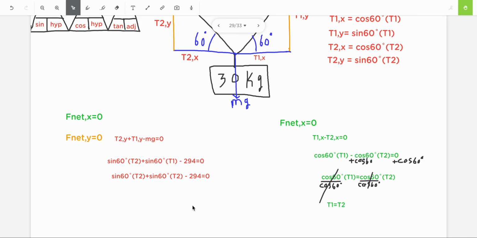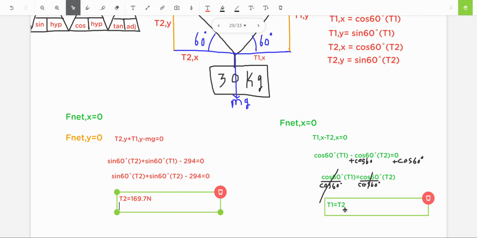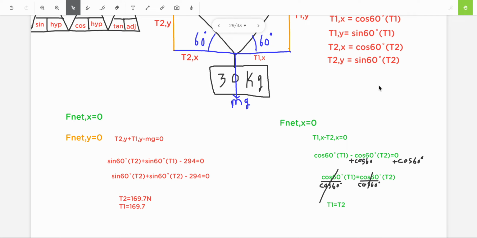On radian it will be a wrong answer. Yes, so here this T2 is equal to 169.7 newtons. And as we said before that T1 is equal to T2, so T1 also will be equal to 169.7. So that's all. That's a very easy question.